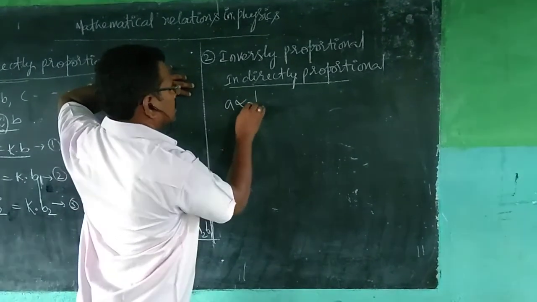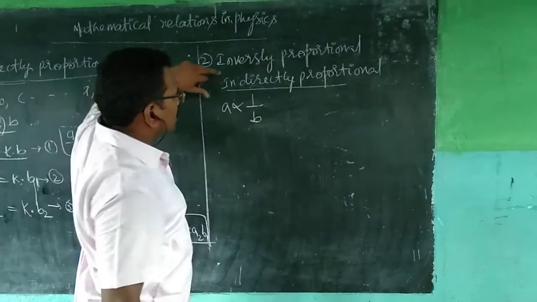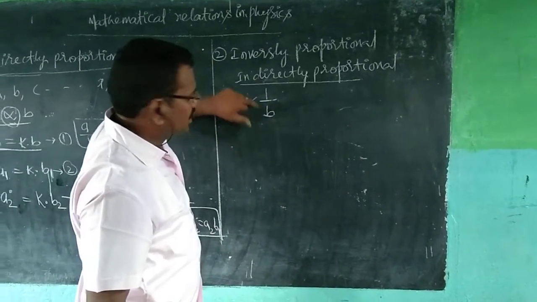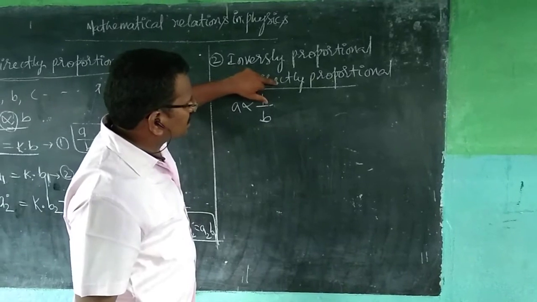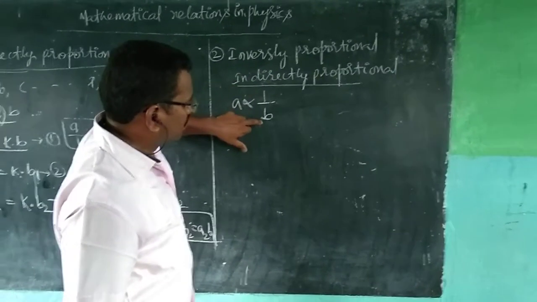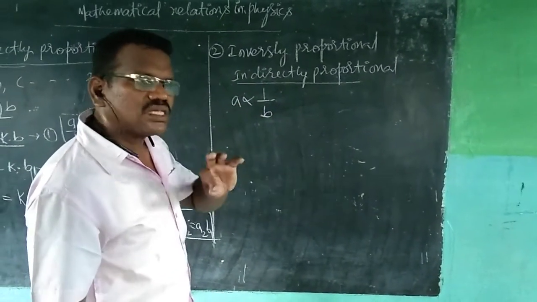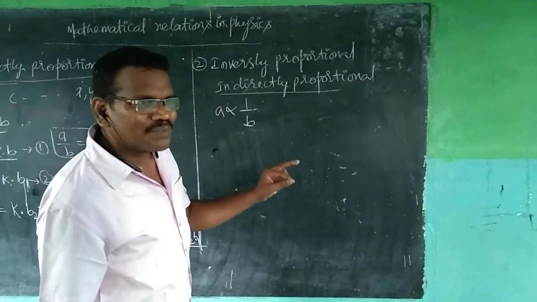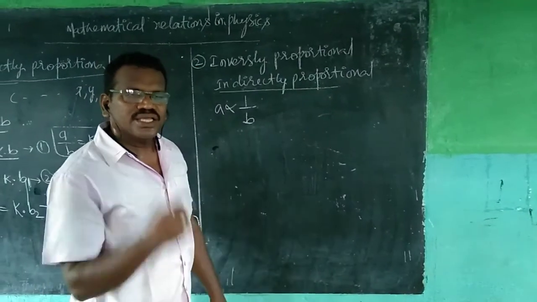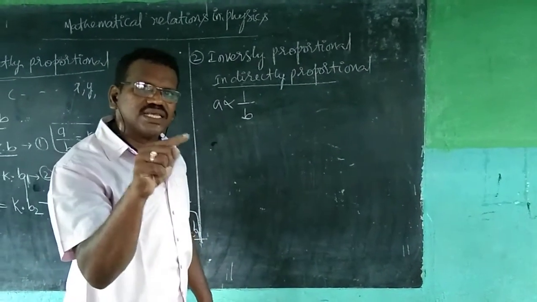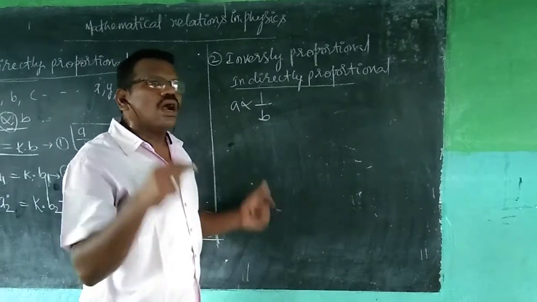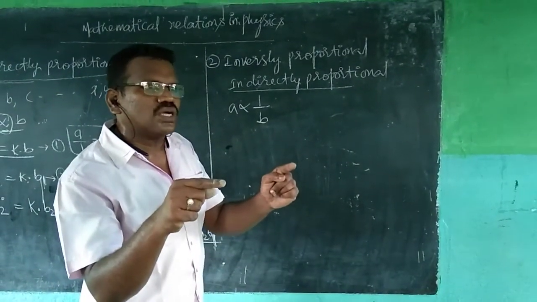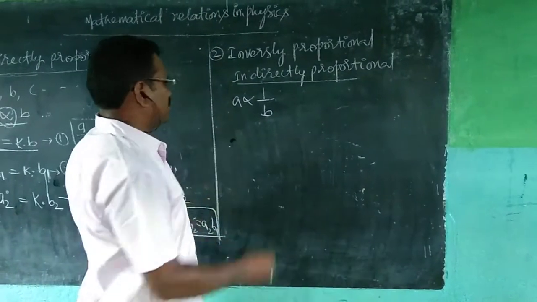This can be written as A is indirectly proportional to B, or A is directly proportional to 1 by B. It is also read as A is inversely proportional to B, whatever it may be.